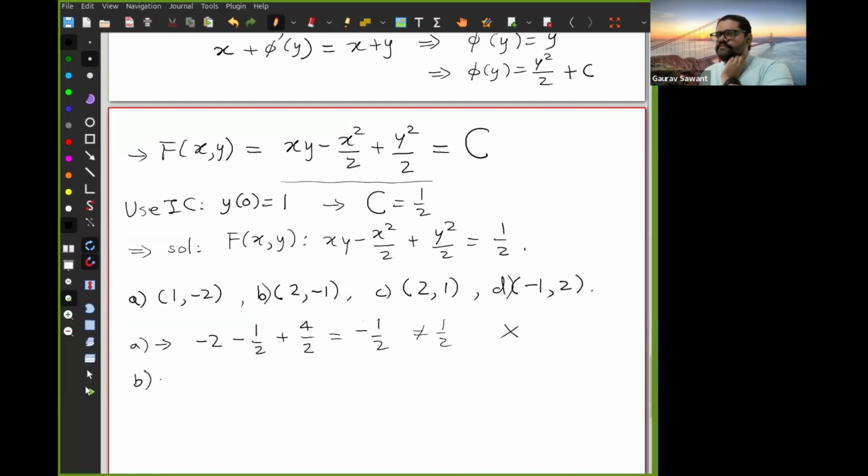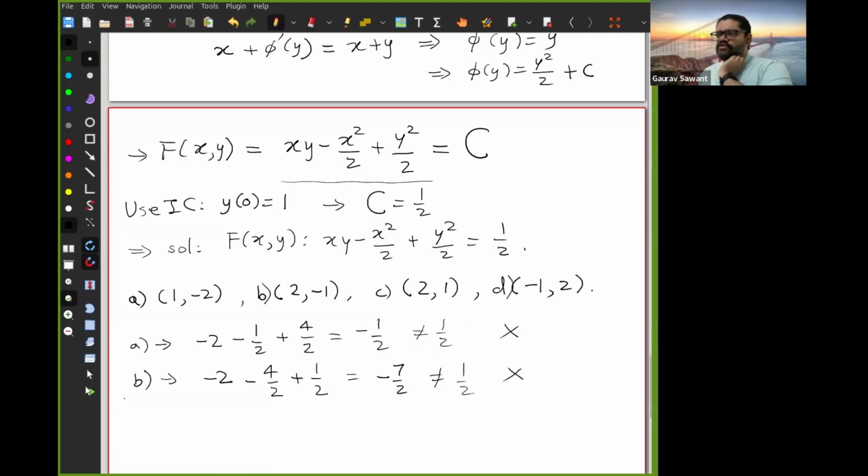If we look at option B, I have 2 and minus 1. So minus 2, then minus x square by 2, so minus 4 by 2, and then plus half equal to half. And this also doesn't work, because this is minus 7 by 2, which is not equal to half.